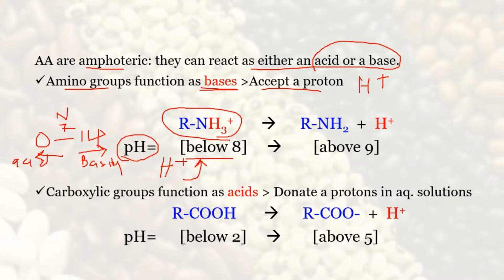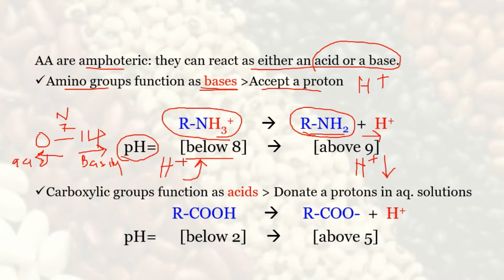Now above pH 9, the hydrogen ion concentration is reducing as you go towards 14. This means that the amino group is going to donate hydrogen, and therefore it will be NH2.